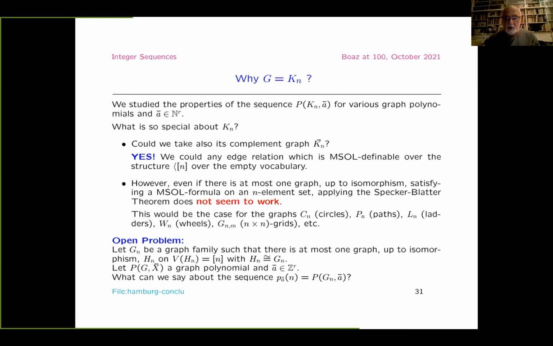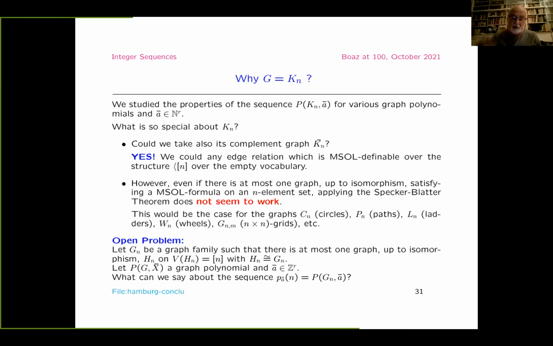So yes, we could take the complement, but in general, it doesn't seem to work even if the graph property is such that for every n there is up to isomorphism only one graph.